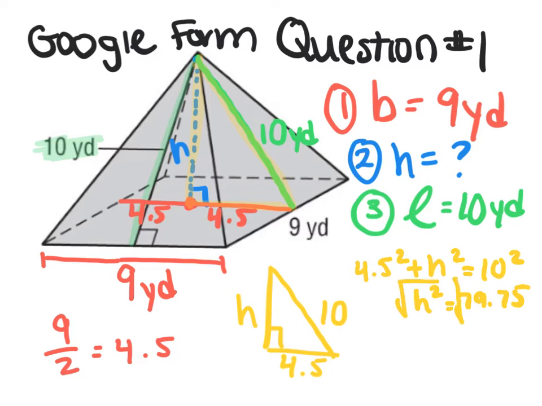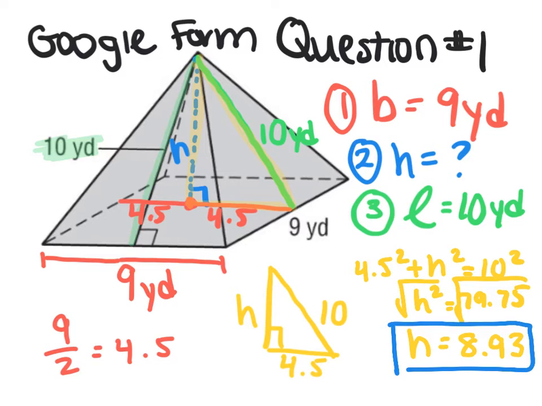If you square root both sides, you'll get that H is equal to a decimal, which we're going to round to 8.93. So our height of our figure is 8.93, which we can now go back and use the formulas to continue solving.